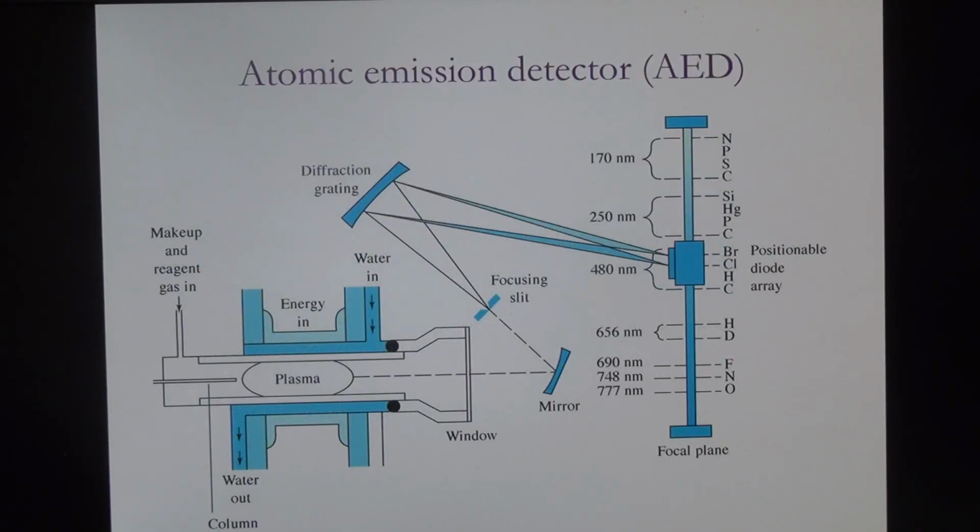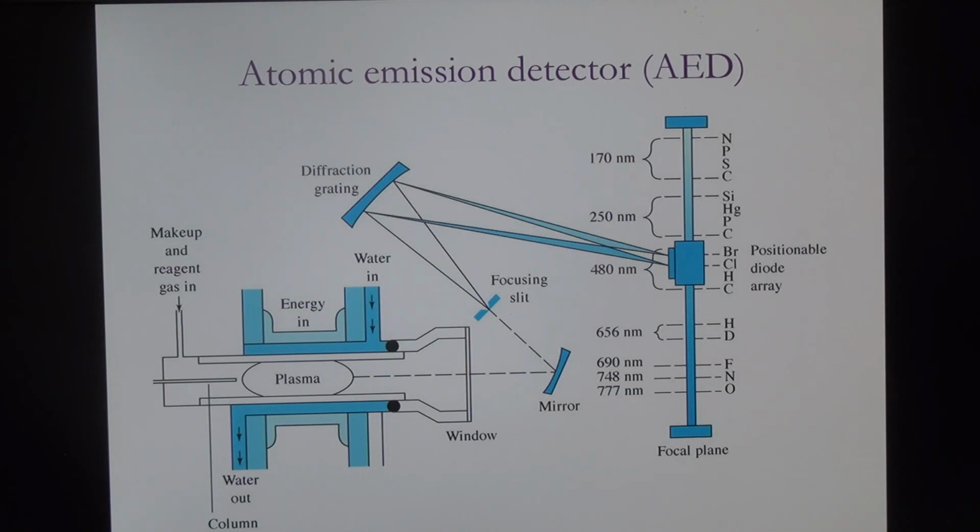Next kind is atomic emission detector. We have learned about atomic emission, right? So basically, in this detector, there is plasma. Plasma formed either by microwave or inductively coupled plasma.